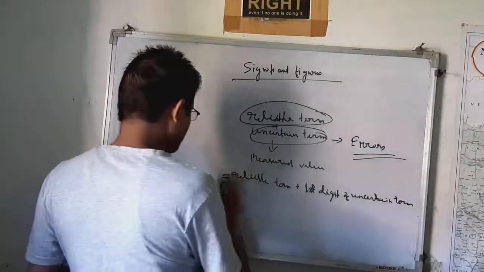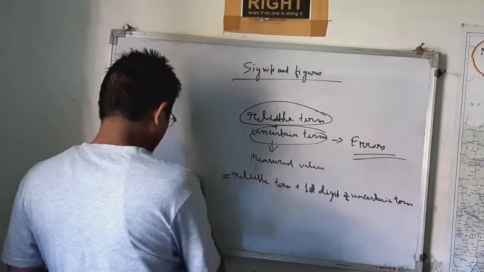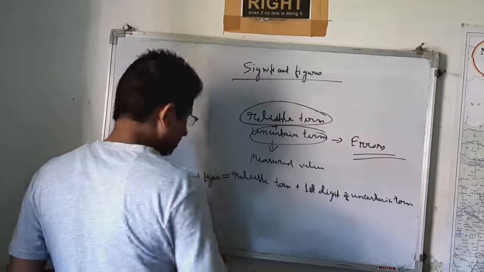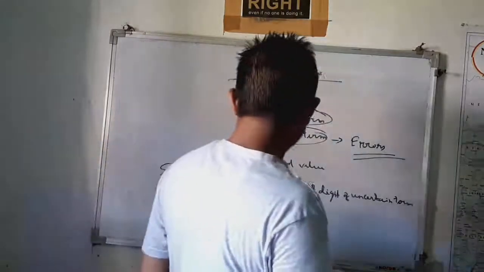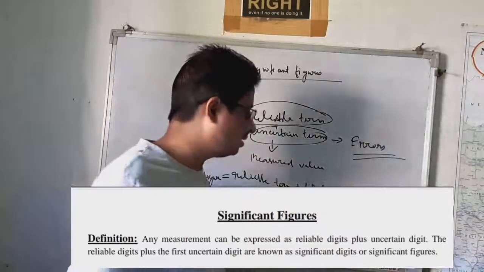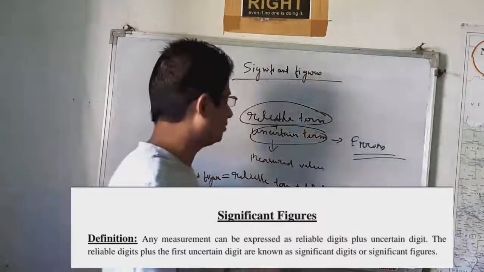It is called a significant figure. So a significant figure is defined as the reliable term plus the first digit of the uncertain term.